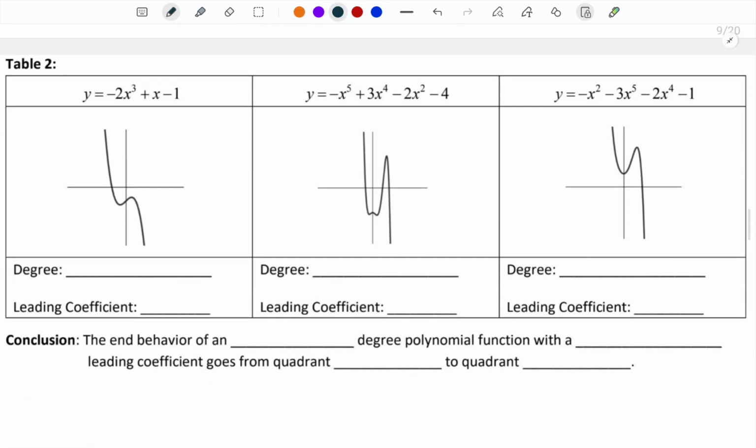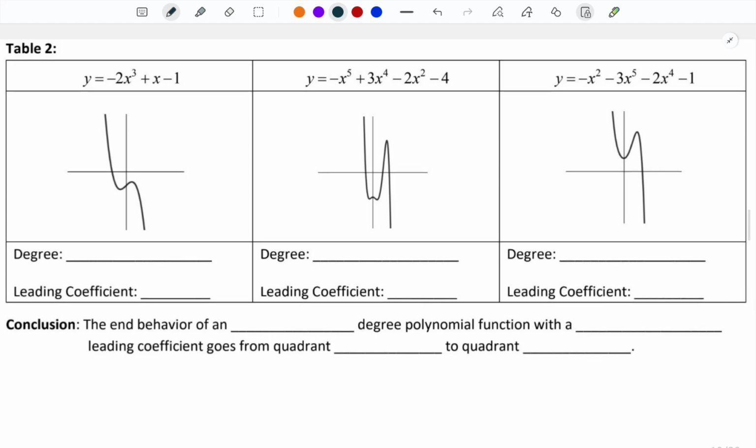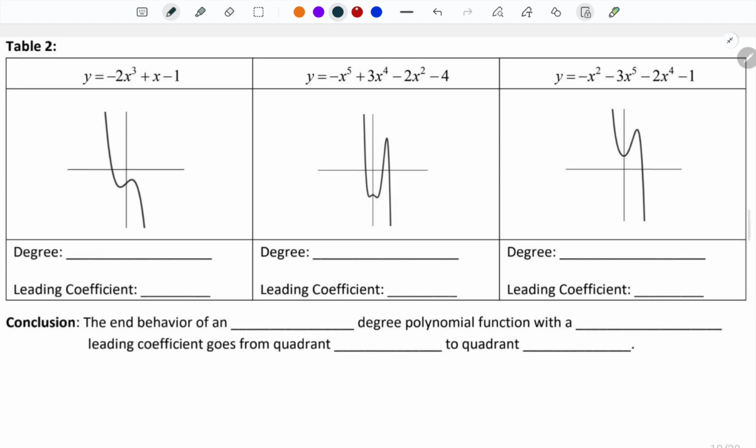All right. And for each of these parts, you can try it out yourself. It will hopefully be pretty easy just identifying degrees and lead coefficients.